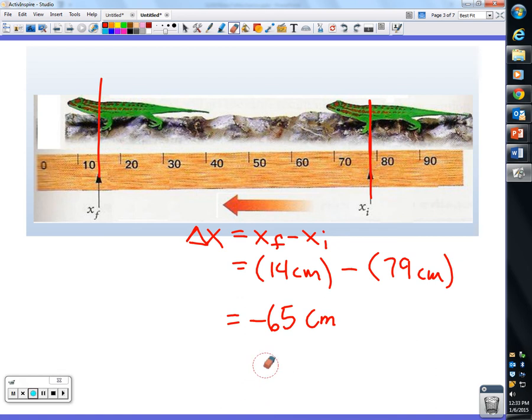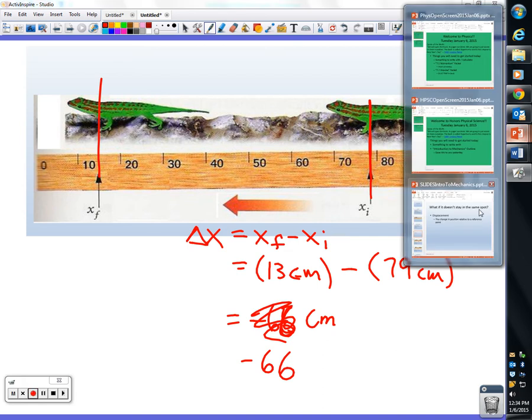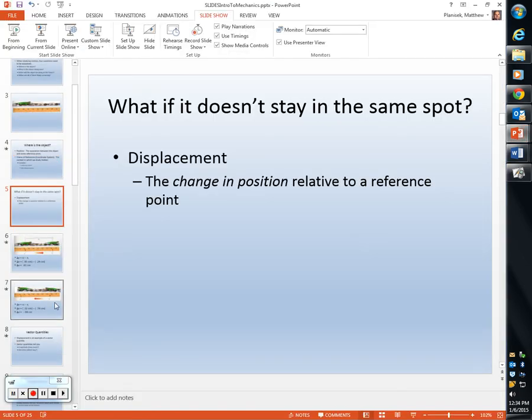I'm going to make this, instead of 14 centimeters, I'm going to make this 13 centimeters, and so this becomes negative 66. You'll see why later, okay? But here, right, we said that this is important now because displacement is our first example of a vector quantity.